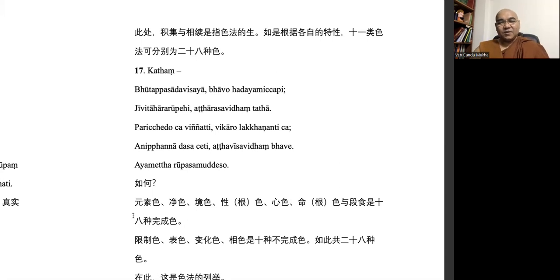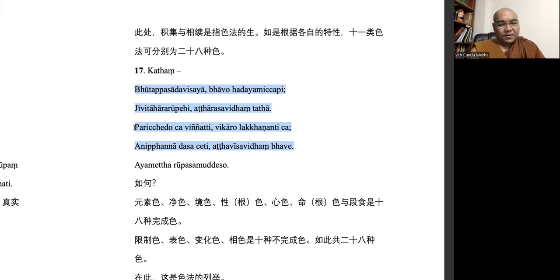So here Anuruddha made this verse. There you can see Bhuta, one kind of Rupa; Pasada, another kind; Visaya and Gocara, the same, object; Bhava, femininity, masculinity, gender; Hadaya, the heart base; and then Jivita and Ahara. You can divide altogether Attharasavidham, the 18 real Rupas.